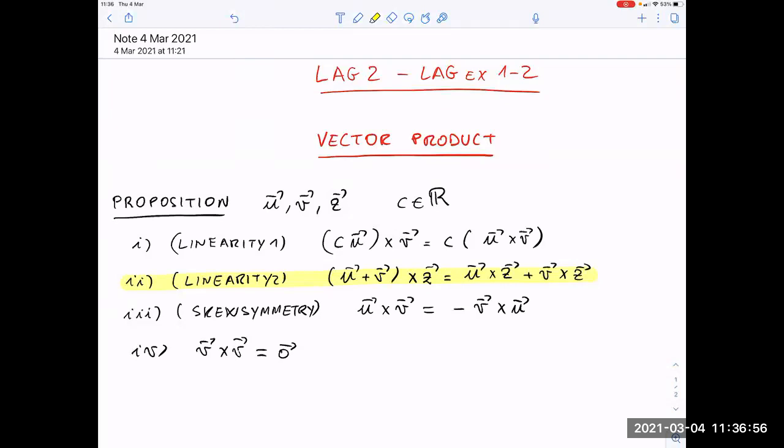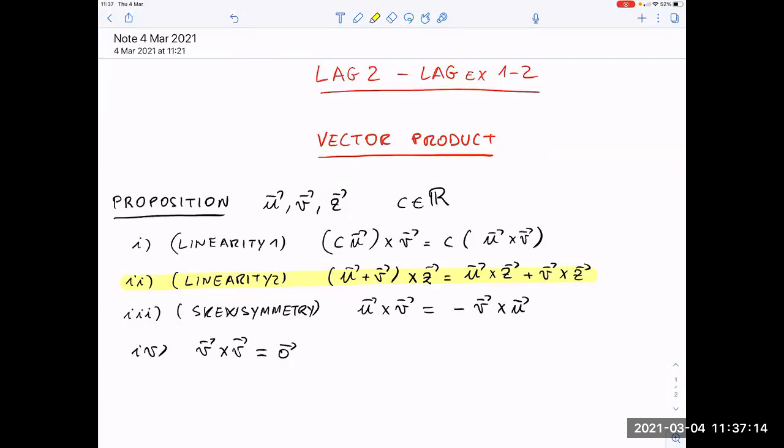We'll cover also some of the exercises, yes. So Beatrice Tomatis, to see linearity 2, we need to introduce the box product, which is what we are going to do next. So it is something else.